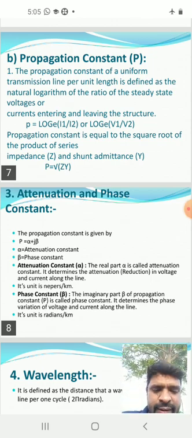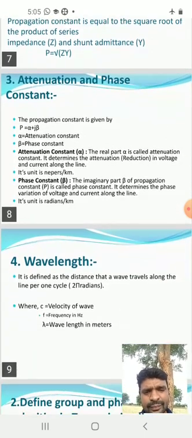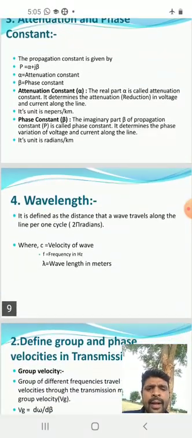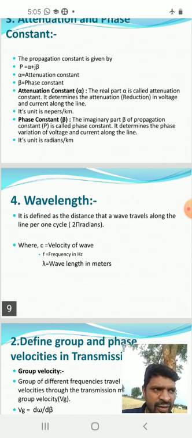And next one is wavelength. It is defined as the distance that the wave travels along the line for one cycle. That means the wave travels along the line for one cycle, or 2π radians.